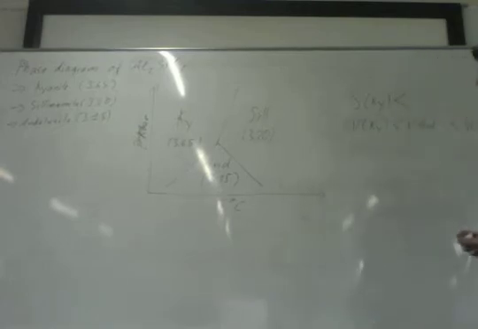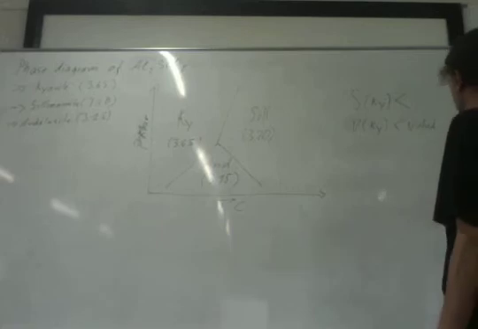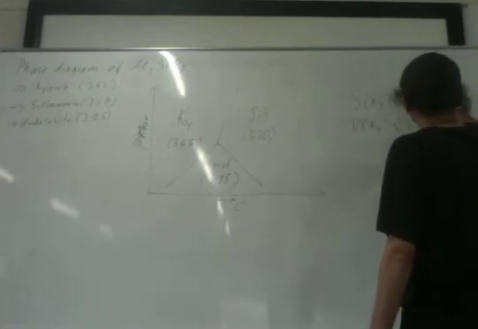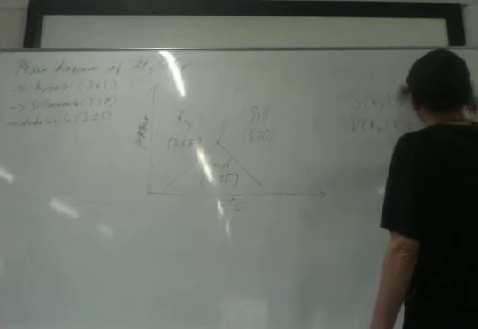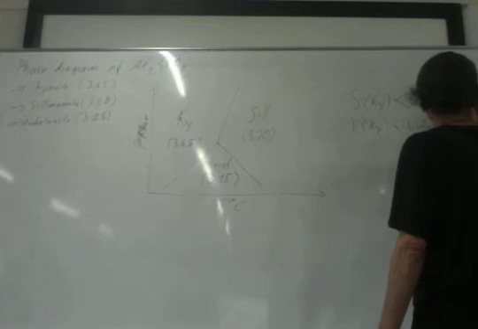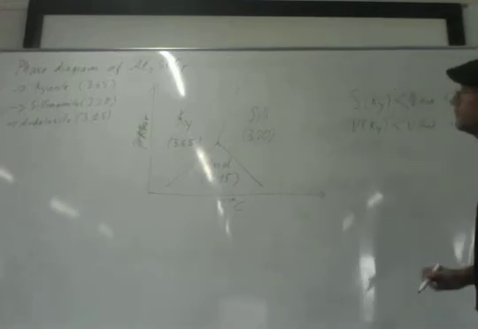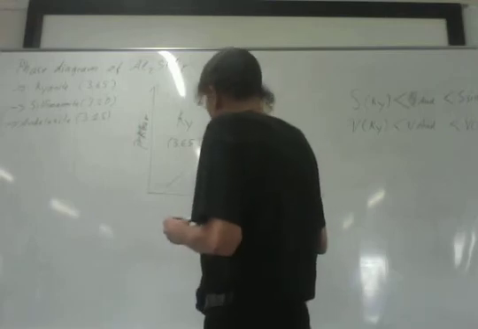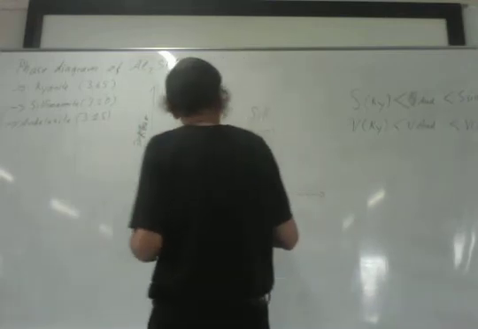Then we have to check the entropy, and for the entropy it is the same: volume andalusite, entropy andalusite, and here we have the entropy of the sillimanite. So then we have here another feature.